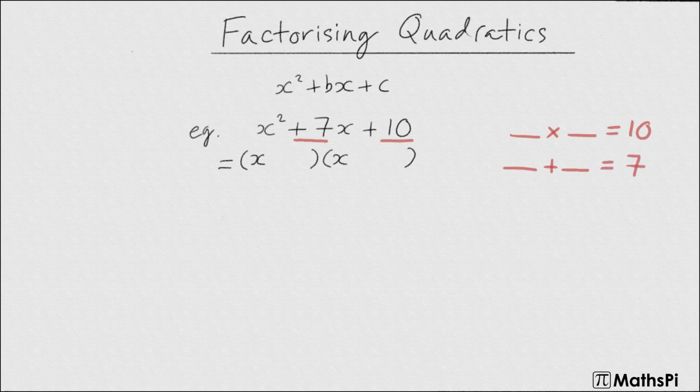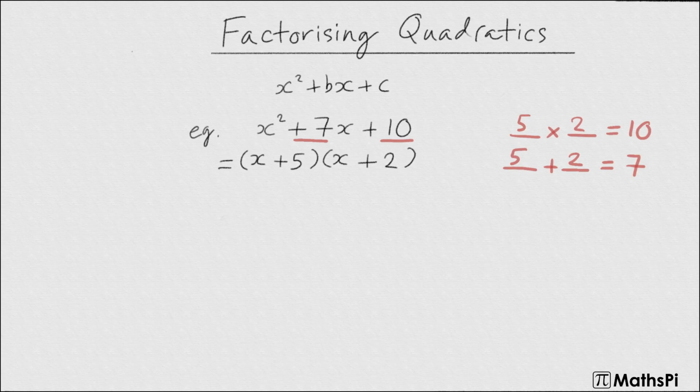Now, this is a particularly easy example because everything is positive. So you could just look at this and say, okay, 5 and 2. But this is basically what you're looking for. You're just looking for the numbers that satisfy this relationship. And once you've found those, you will write those in. Now, because our answer is 5, we write plus 5, and the other answer is 2, so we write plus 2. And that's it.